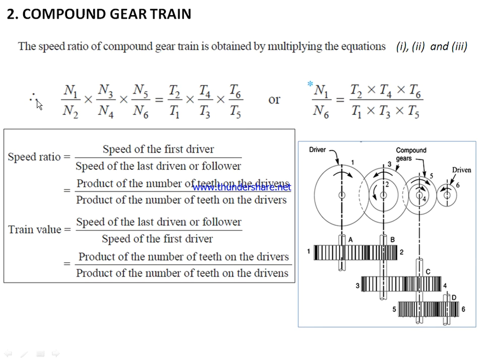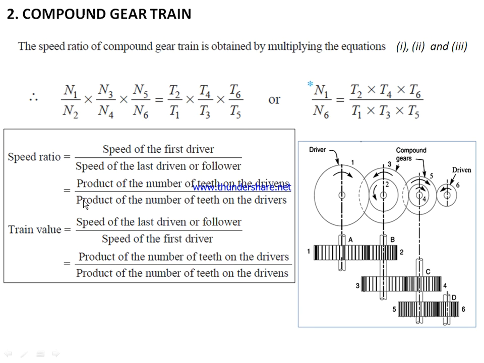So finally, the speed ratio of this compound gear train is speed of the first driver, this one, divided by speed of this driven, equal to product of number of teeth on the drivens, T2, T4, T6, these are the driven wheels, divided by product of number of teeth on the drivers. Gear 1, gear 3, gear 5 are the driving wheels for 2, 4, 6.